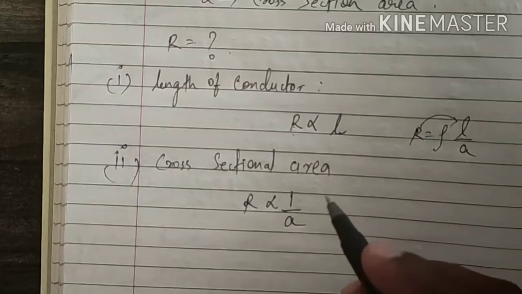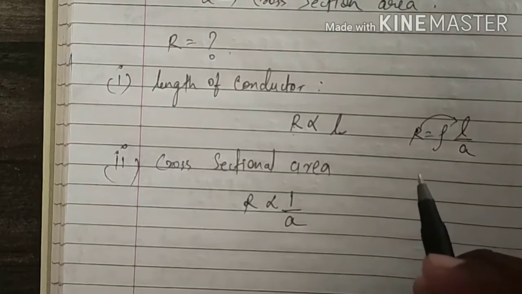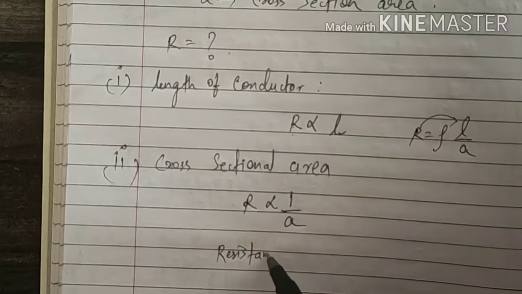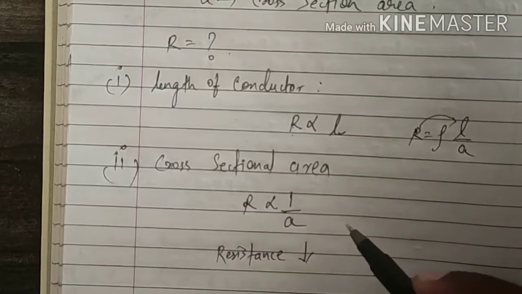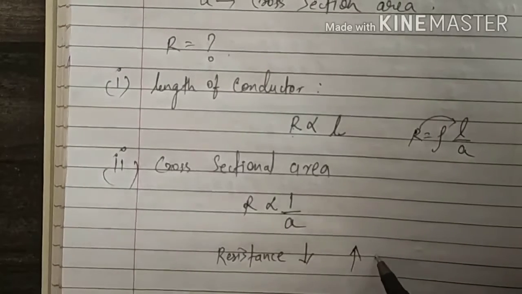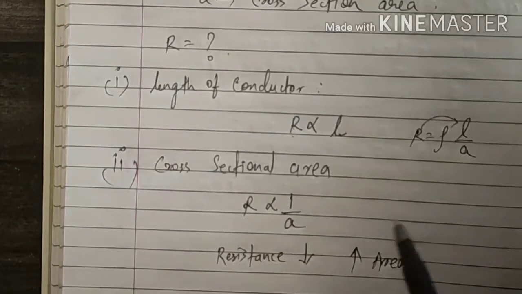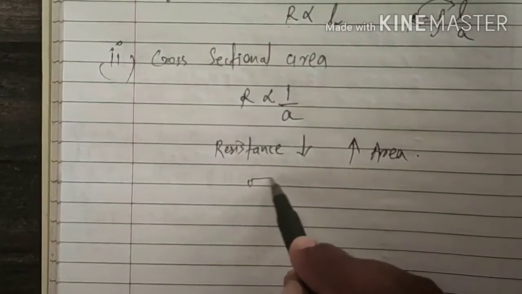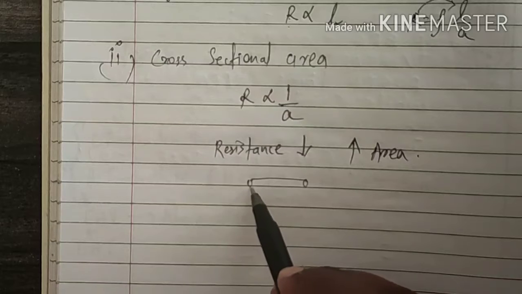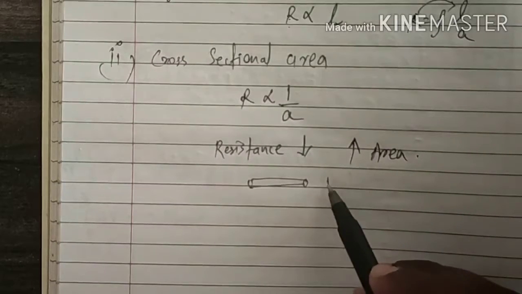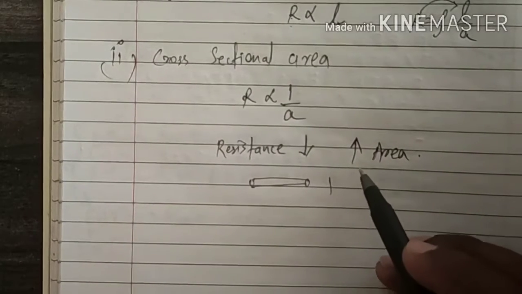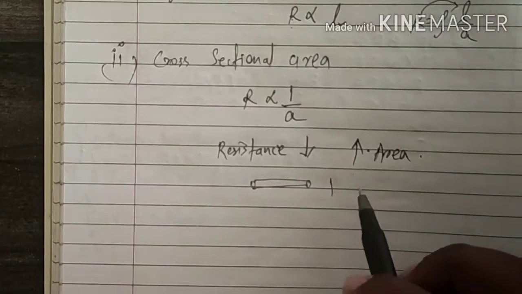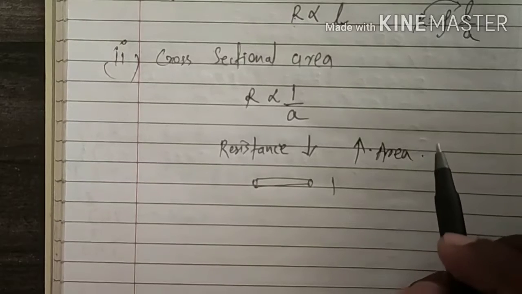Hence the resistance value decreases with an increase in the cross sectional area. If the cross sectional area is less, then the resistance will be high, and if the cross sectional area is high, then the resistance will be low. So the cross section area should be greater.